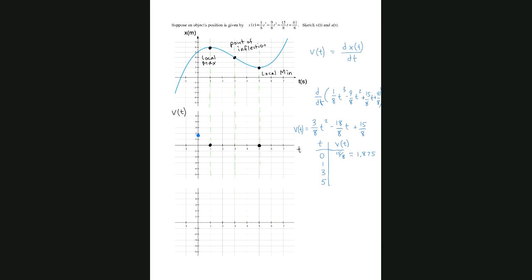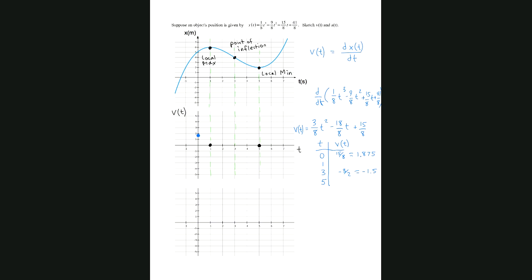Now let's plug in a 3. So we're going to need 3/8 times 3 squared minus 18/8 times 3 plus 15/8. On my calculator, I get negative 3/2, which is negative 1.5.